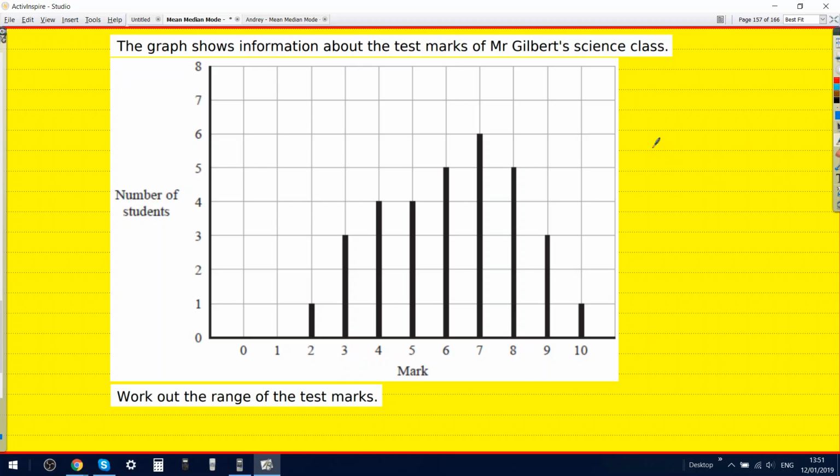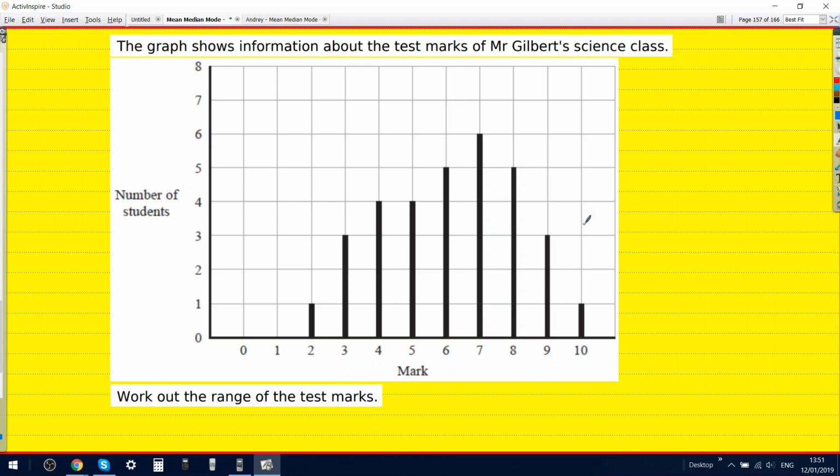Because the range of the marks, you're doing the range of the students, is it? Work out. No. Okay, sorry, go on. So the highest is 7 marks. Someone got more marks than that. Oh, no, yeah. 10. So one person got 10 marks.